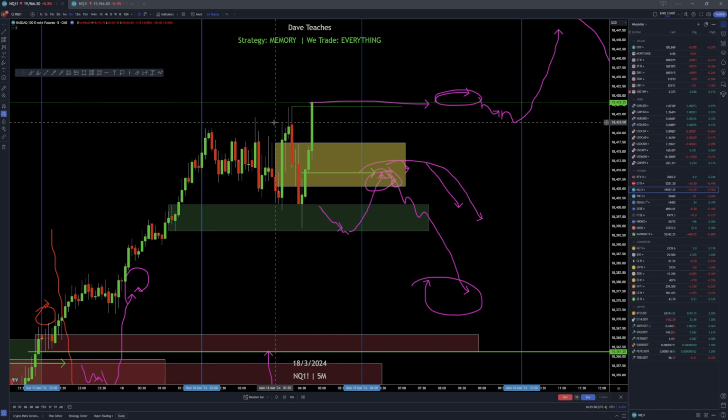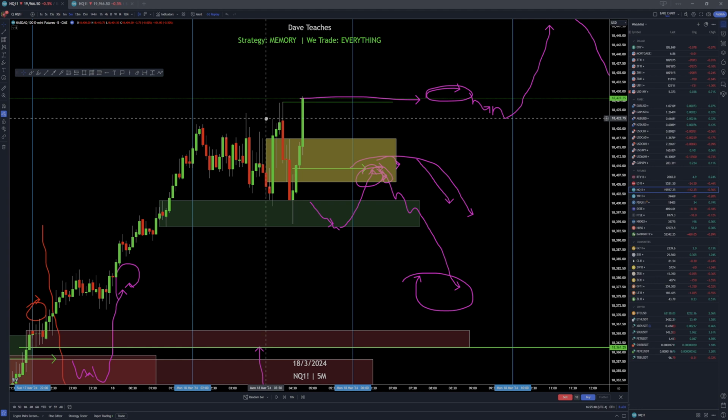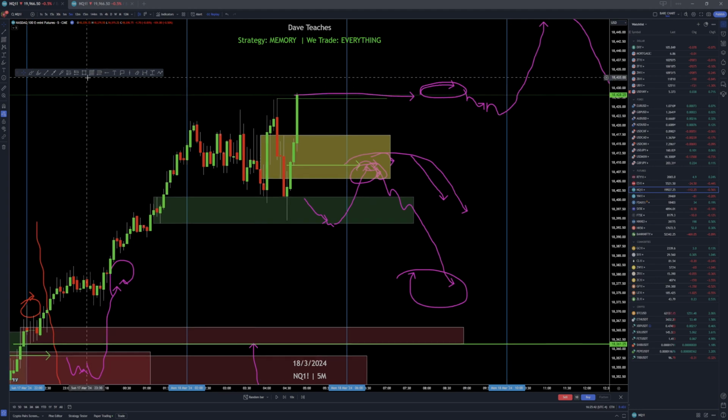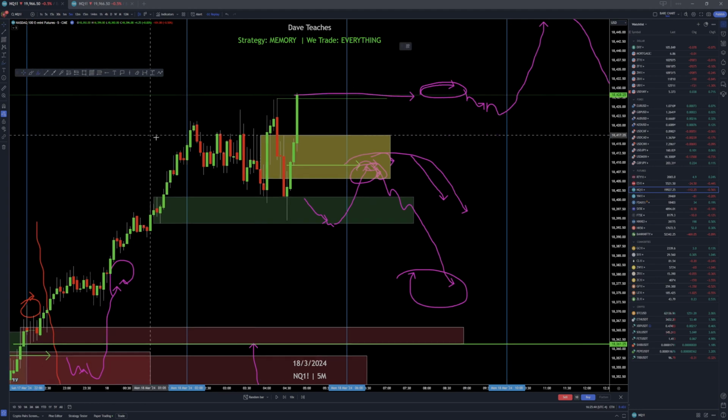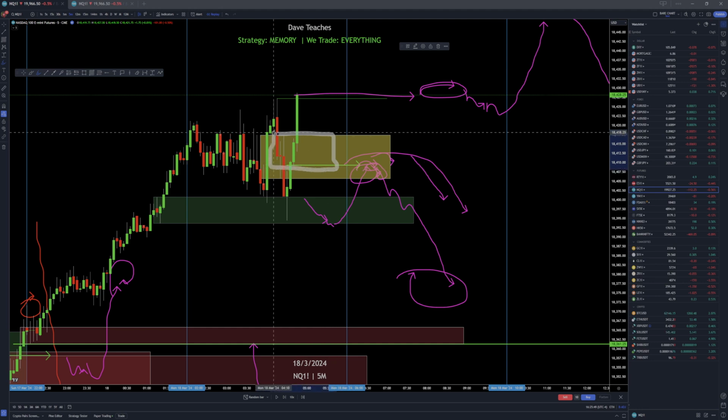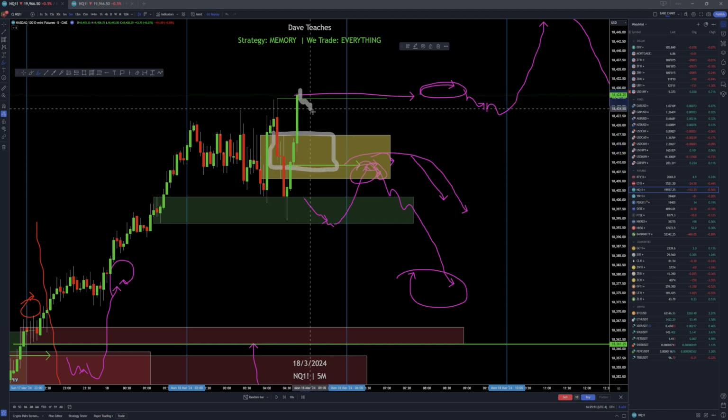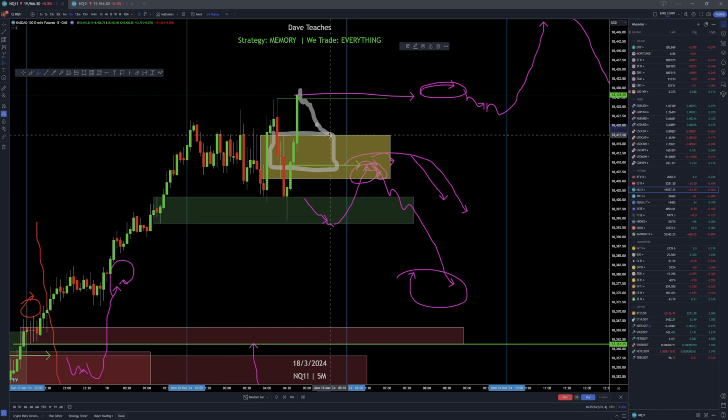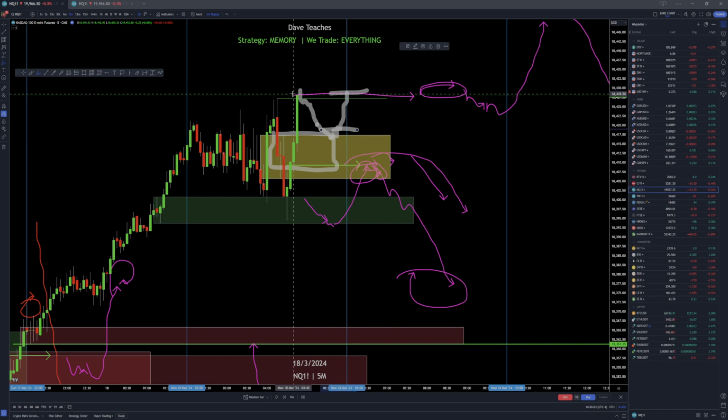Beautiful. So we ran up there and we closed. So I would be looking for price to retrace somewhere into here and give me a nice little move back up. So that retrace, this is now nearing 5 o'clock, right?